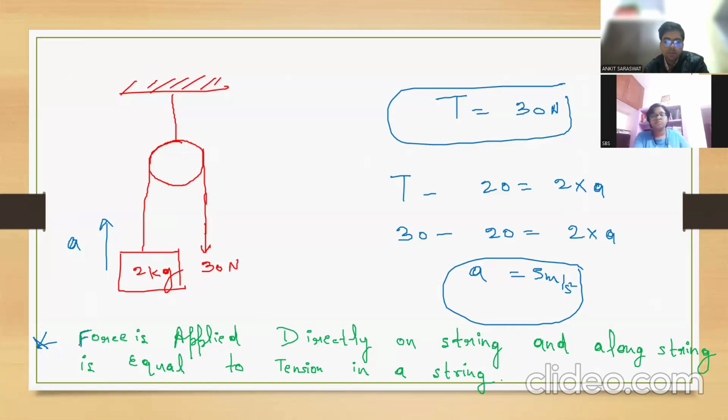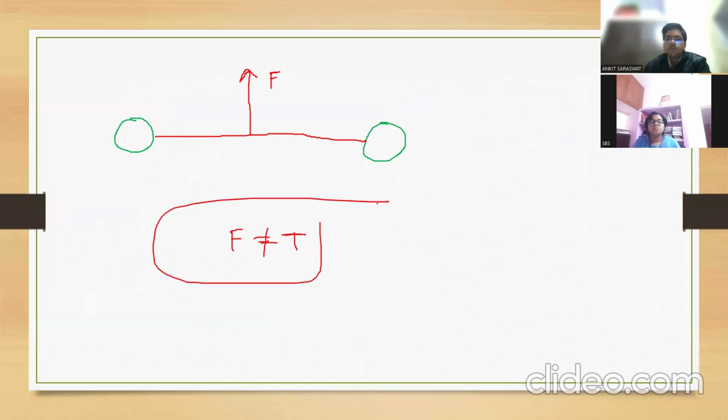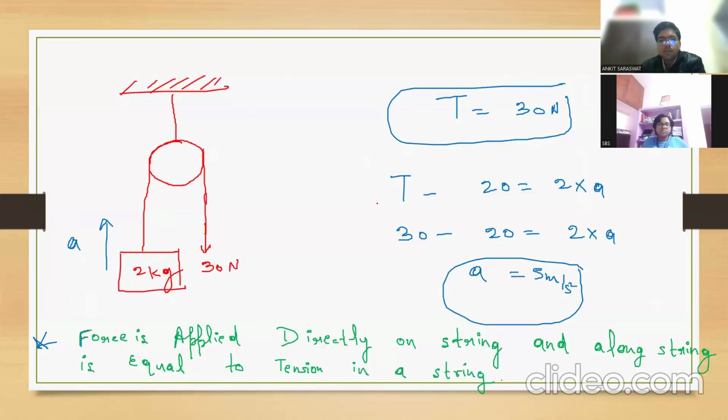Completed, sir. Okay. See, if a string is attached like this, and if you apply a force like this, then this force is not equal to tension. Remember, this force is also directly applied on a string, but this is not along a string. Two conditions there.